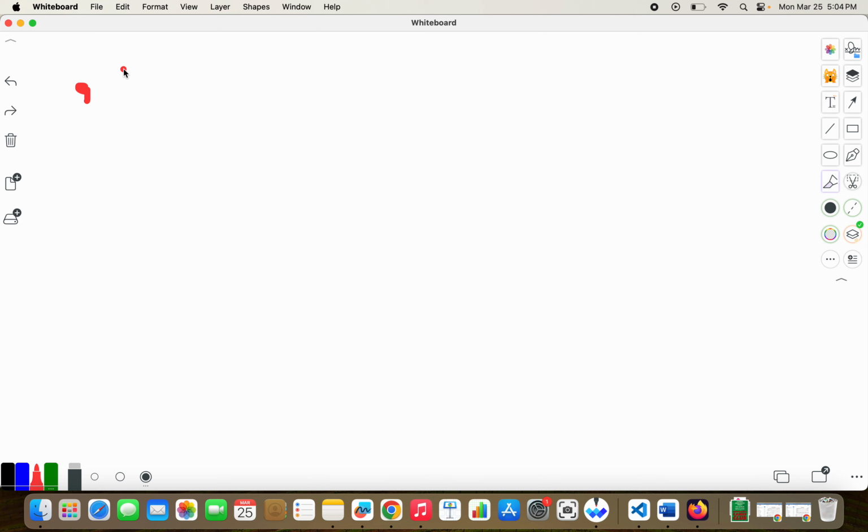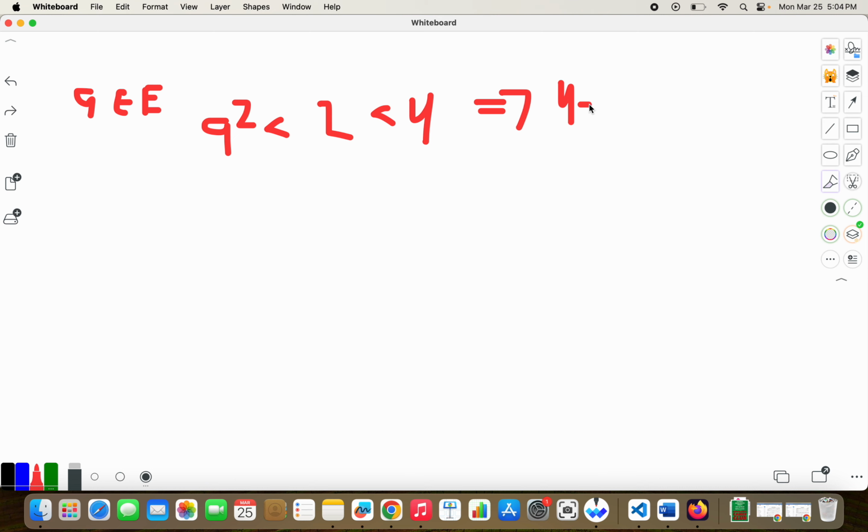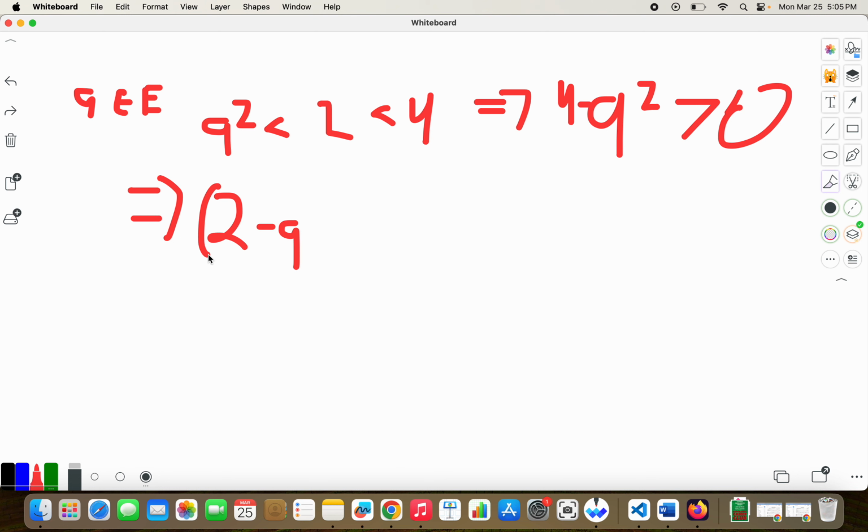Let q be an element in E, then obviously q squared, which is less than 2, which is less than 4, which means 4 minus q squared is greater than 0. Makes sense? Which implies 2 minus q times 2 plus q is greater than 0.